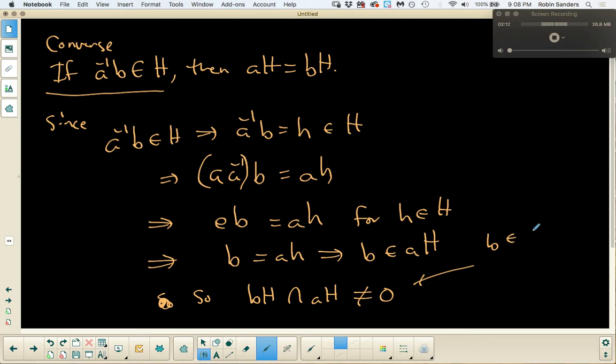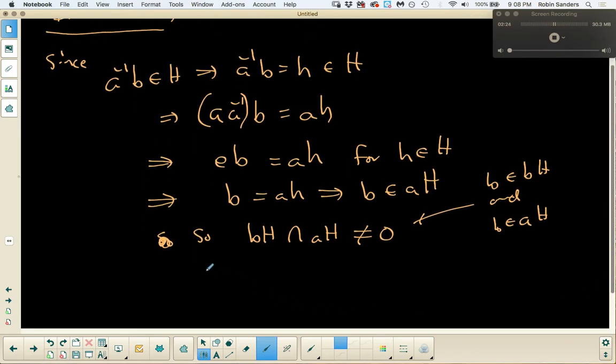We know that B belongs to BH, and we know that B belongs to AH, so that intersection is not empty. And the fact that that intersection is not empty is enough to say that the two left cosets are indeed equal to each other.